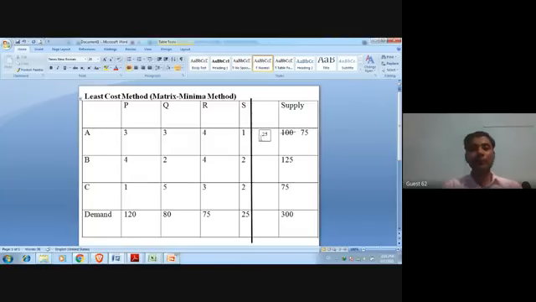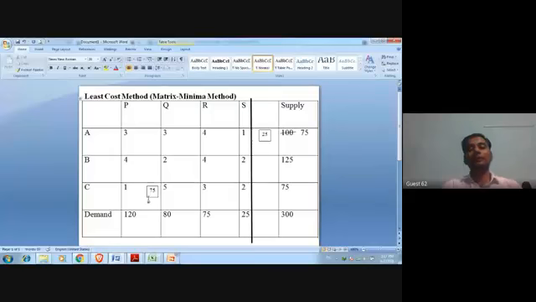So we will allocate these 75 units to the warehouse P. So I am copying and pasting this requirement to the warehouse P from the C. I have allocated 75 units from the factory C to warehouse P.